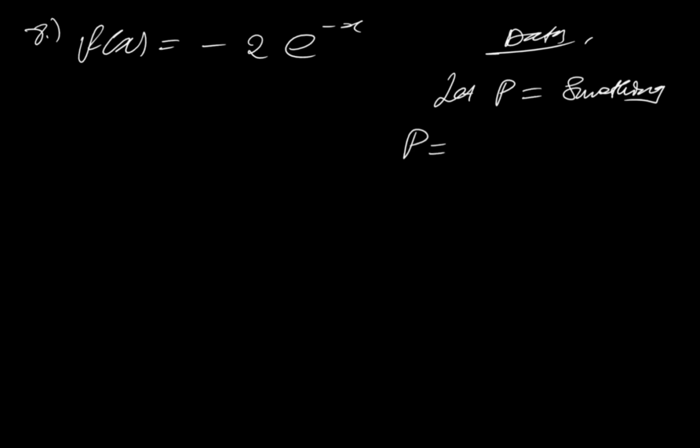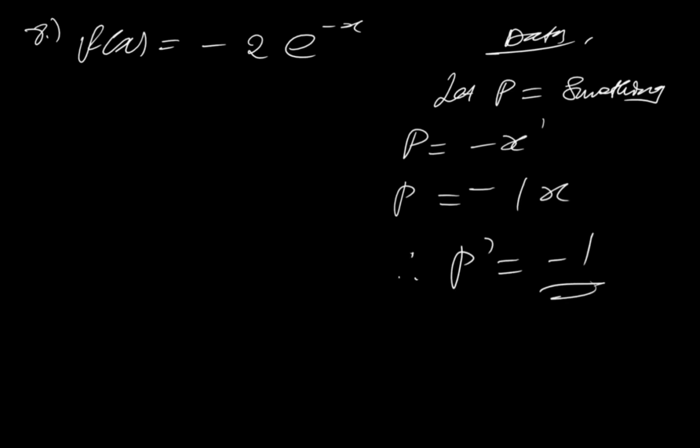In this case, what's the something? What e is raised to, which is negative x. This is a power of 1. So p prime will be the derivative of this. Let me put it in a way you can understand. P is the same as writing negative 1x. And we know the derivative of this will just be p prime is equal to negative 1.